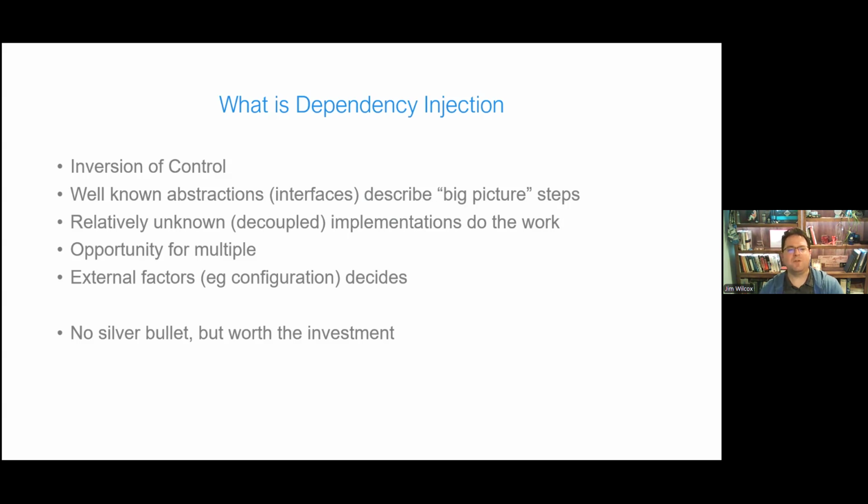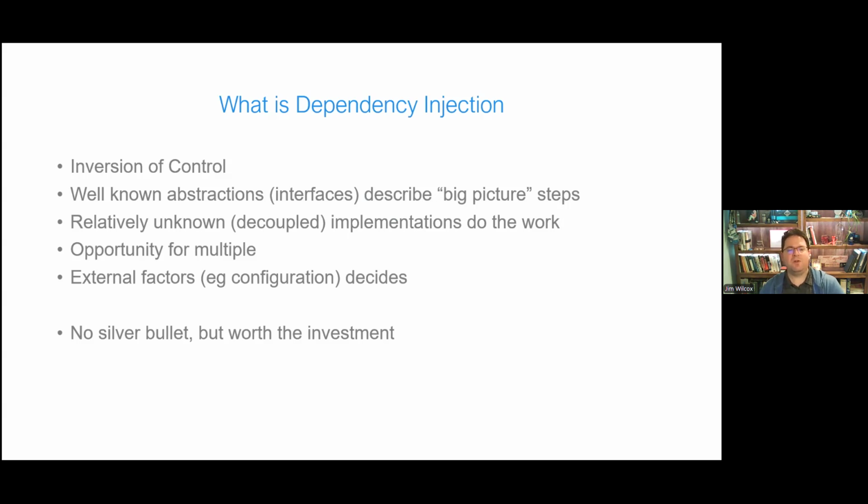So the interface is the thing that you build your application against, and then you have, of course, ideally a decoupled implementation that actually does the job, and that's the inversion of control, in the sense that the interface by itself doesn't do anything, and you don't necessarily care a whole bunch about how the implementation does the work, but you hand off that execution to the implementation. It uses whatever dependencies it needs to get the job done.